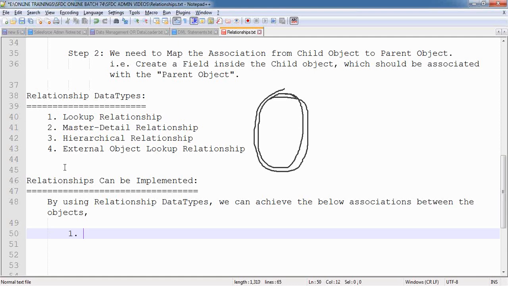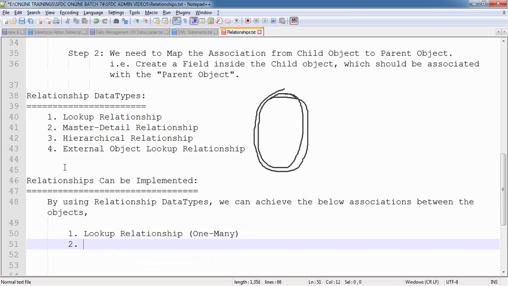First one, we can achieve the lookup relationship, which provides a one-to-many association between the objects. Second one, the master detail relationship. This is also providing a one-to-many association.